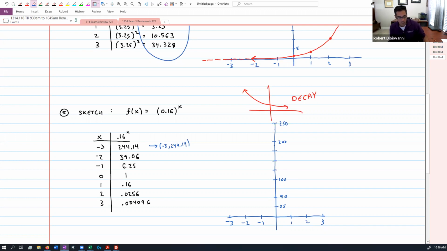All right, at -3, I'm way up at 244. I'll do it in red. Way up here at 244, somewhere around there. At -2, I'm at about 40. So somewhere around here. At -1, I'm at 6.25. It's going to get really hard to do. At 0, I'm at 1.